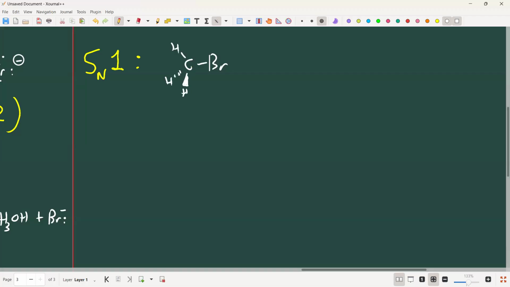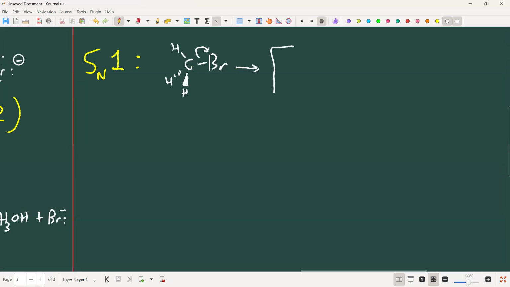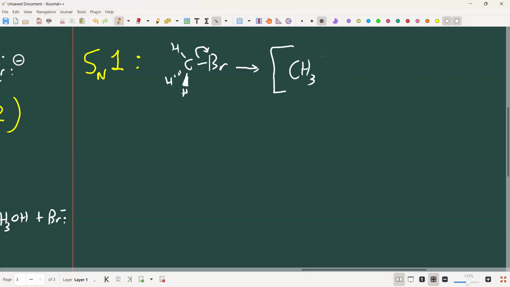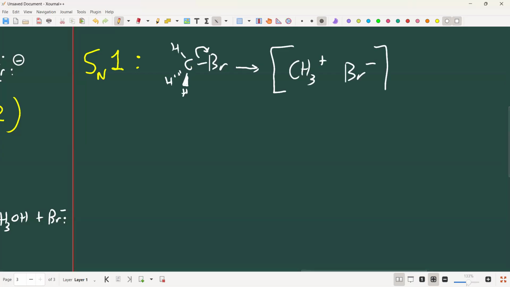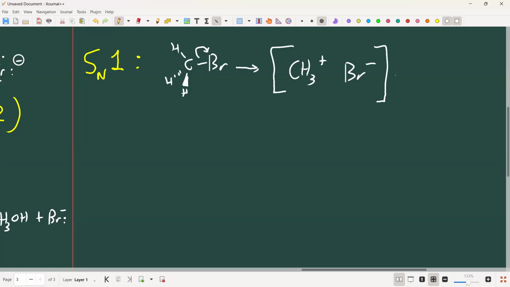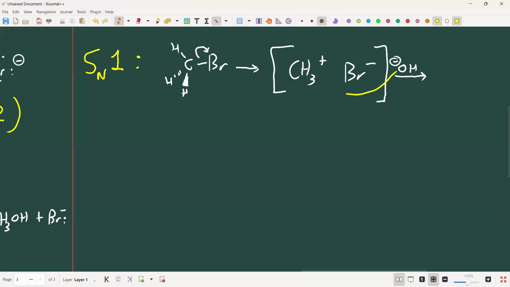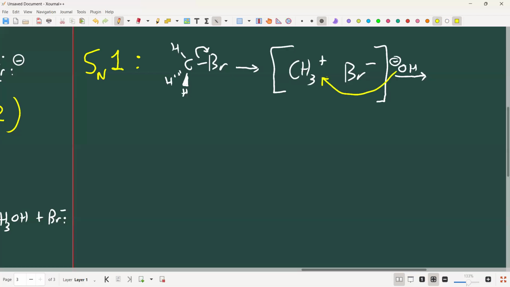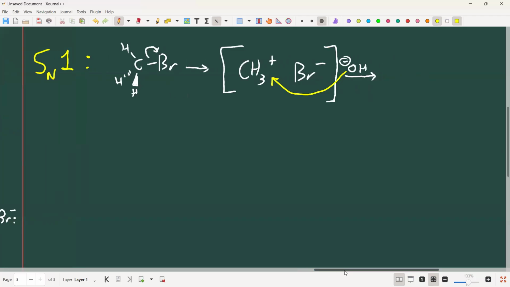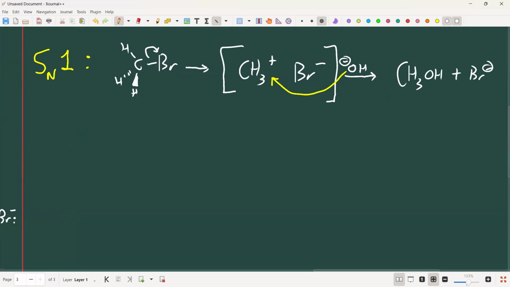Is that the alkyl halide ionizes first, and we're left instead with an intermediate, CH3 plus Br minus, this ion, what we call an ion contact pair, right? We ionize the bond, and then OH flies in, right? And you get an ion exchange, which is extremely fast, and you're left with CH3OH plus Br minus.